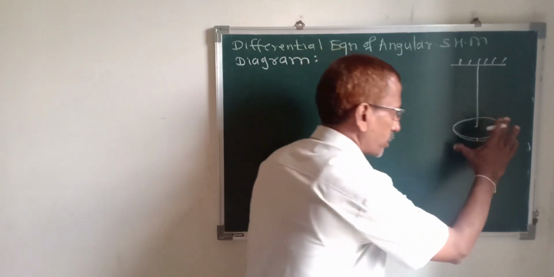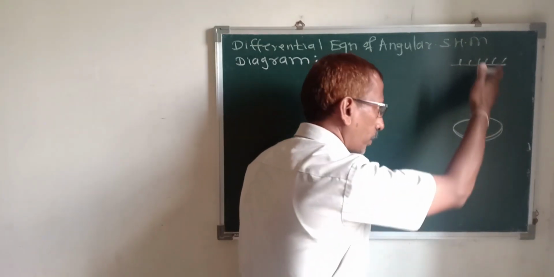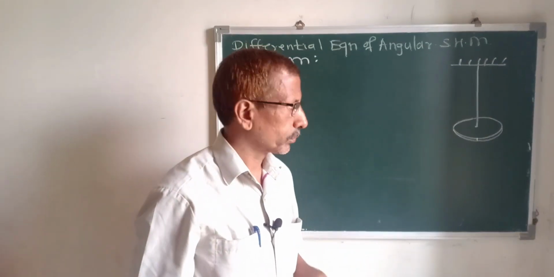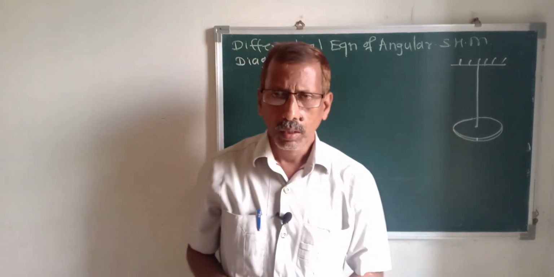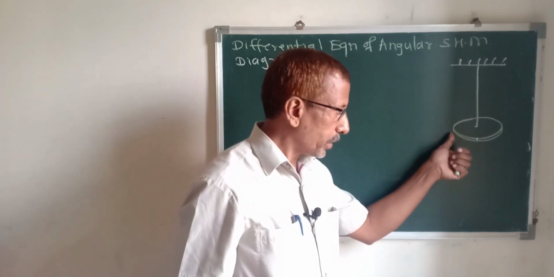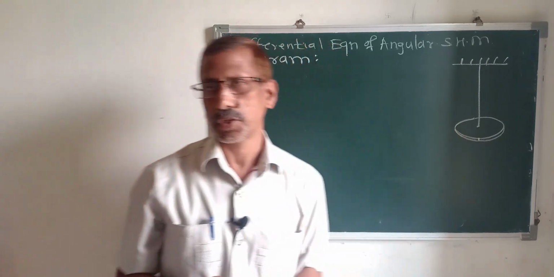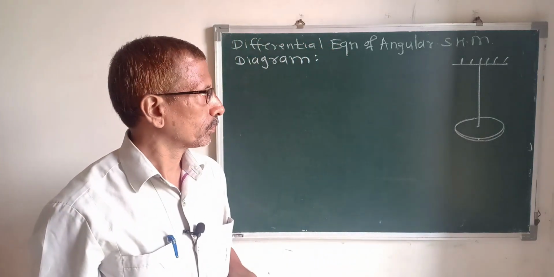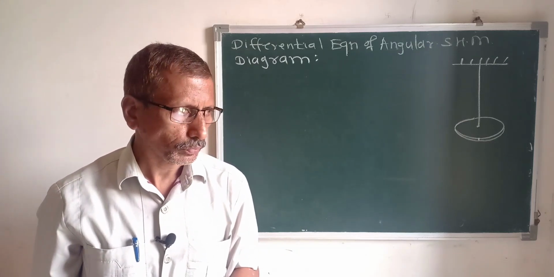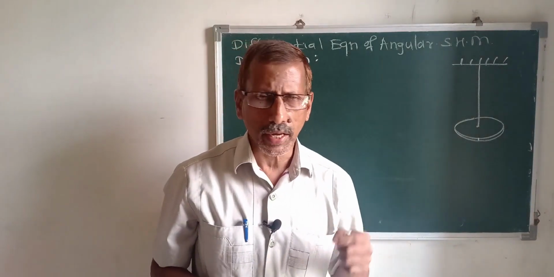The disc is twisted about this axis, along the length of the metal wire. It performs rotational motion, partly in the anti-clockwise sense and partly in the clockwise sense. So that is the torsional pendulum. From this diagram we can easily write the explanation.